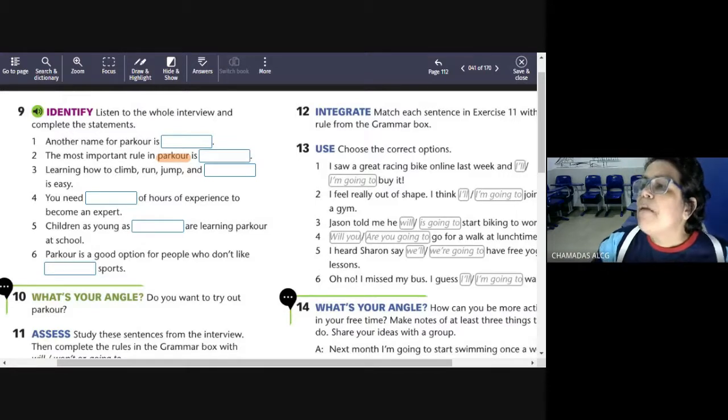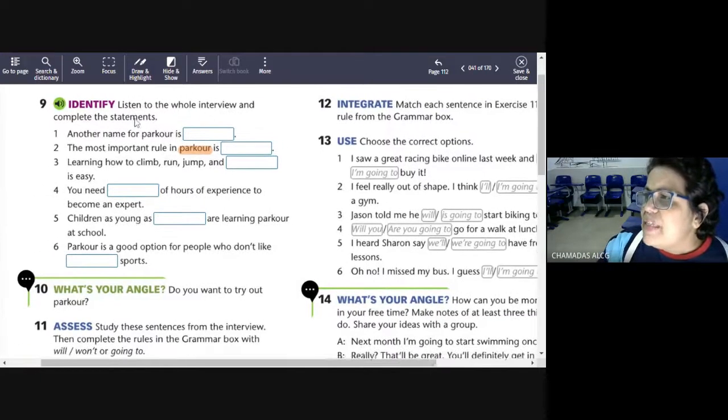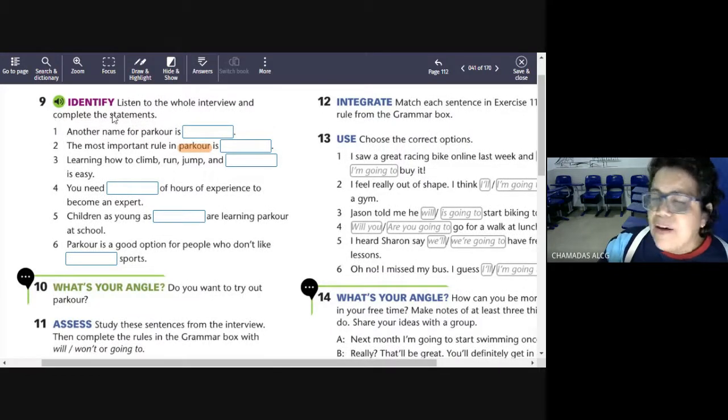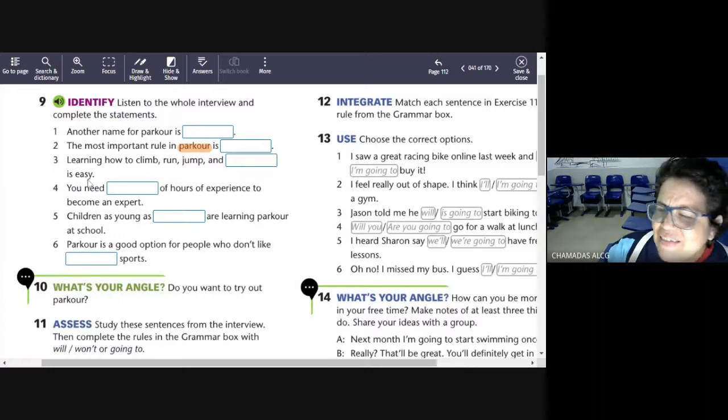All right. Here in activity number 9, we have: listen to the whole interview and complete the statements. So here we should complete with the missing part. The first one, another name for parkour is, and then we're going to complete here. The most important rule in parkour is learning how to climb, run, jump, and is easy.